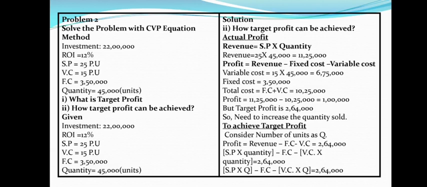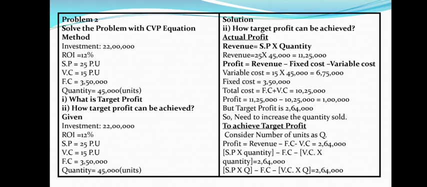So to find that, I am rearranging the previously used formulas. So profit equals revenue minus total cost. The total cost can be replaced by fixed cost plus variable cost.